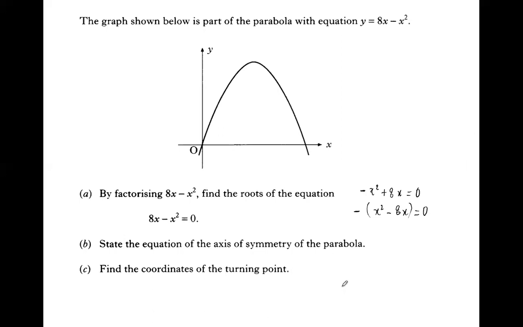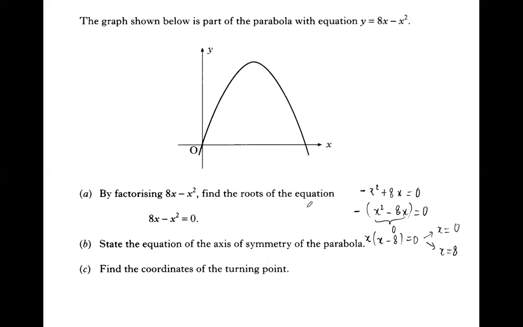If you're asked to find the roots, the minus is minus 1, and minus 1 can't be equal to 0. So this will only be equal to 0 if this portion is equal to 0. That means you can factorize with x times (x minus 8), and that is equal to 0 if x equals 0 or x equals 8.